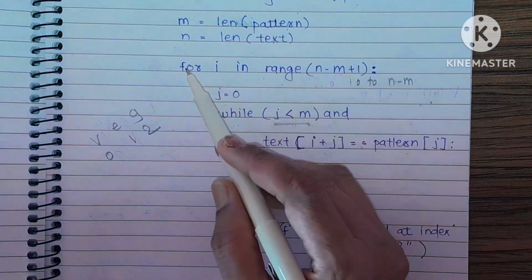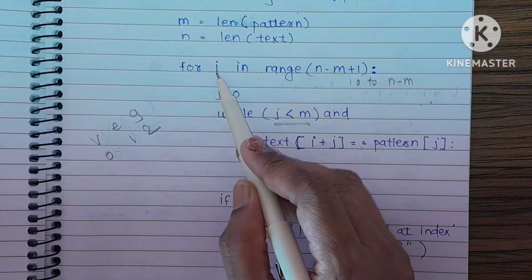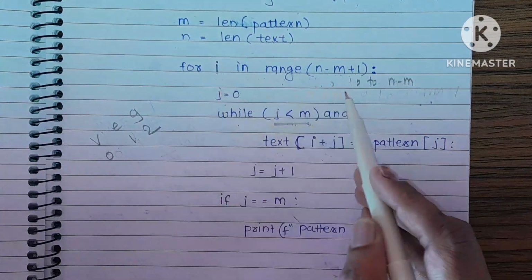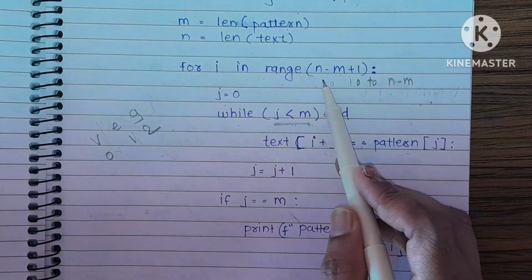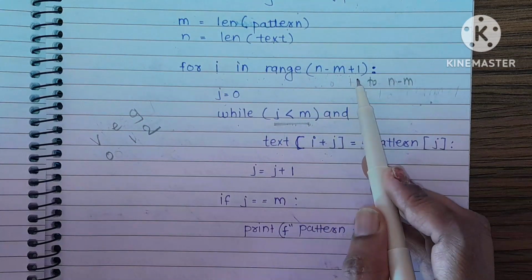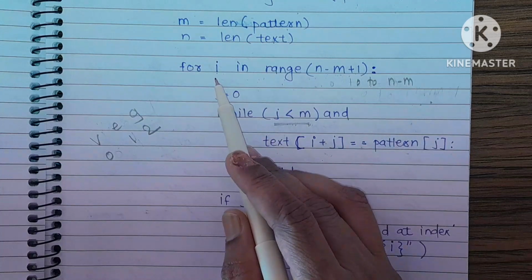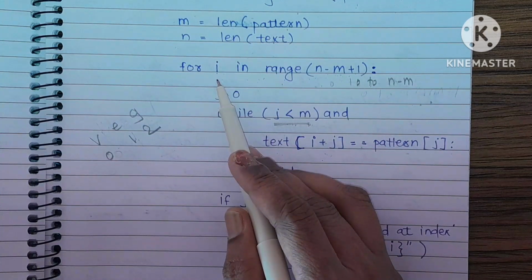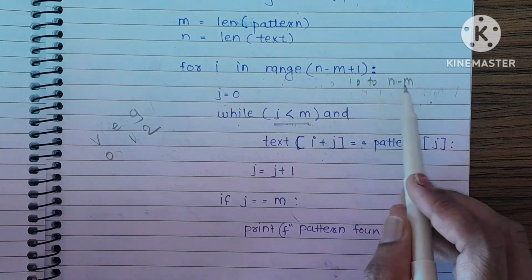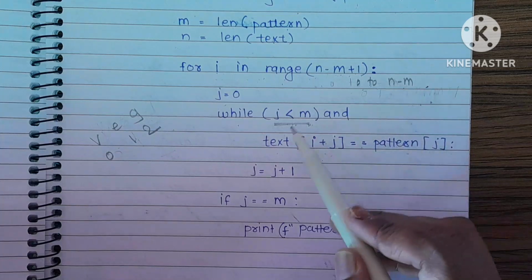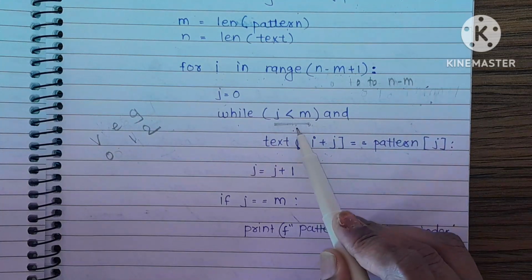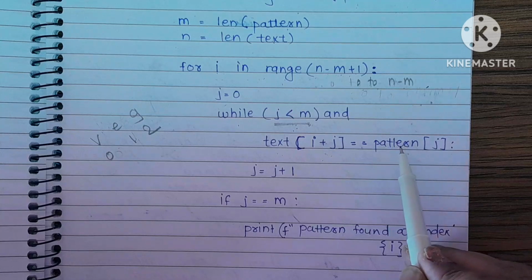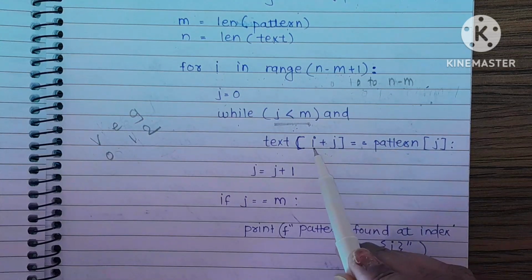Here the text window is slid by a single character up to n minus m plus 1. So when i takes the value 0, it ranges from 0 to n minus m, and in that we compare the pattern characters with the text window characters.